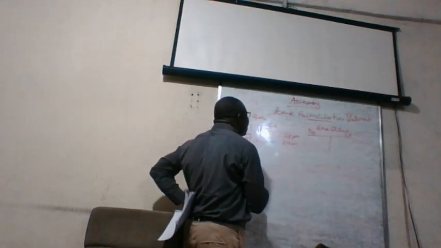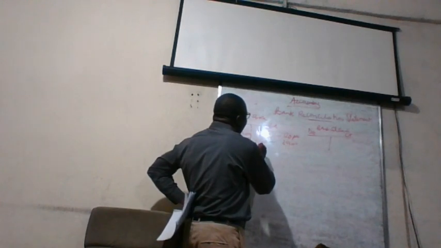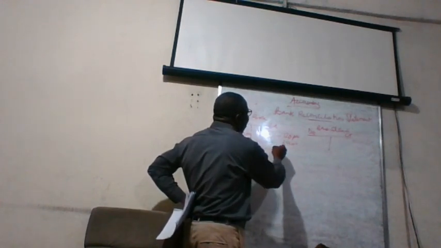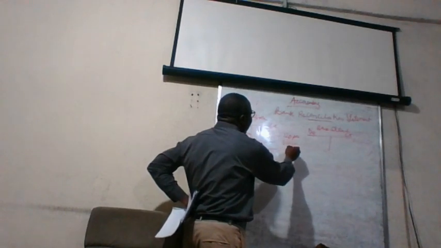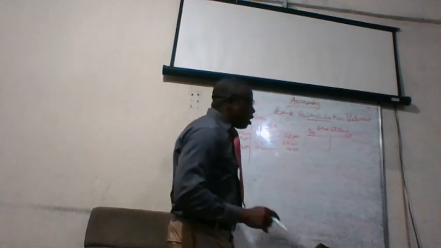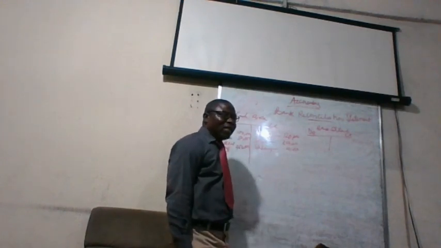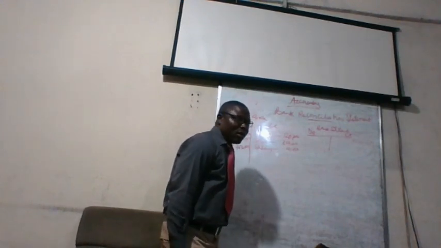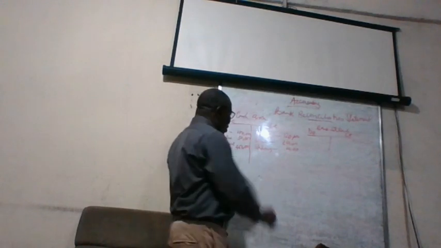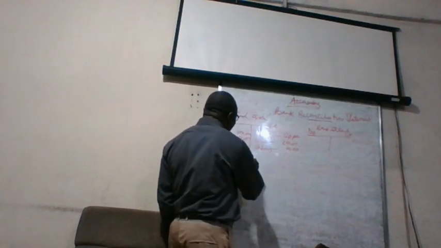Am I right? Then you buy stationery of 10,000 naira. If you look at this side and this side, you know that one side is higher than the other. Is that okay? Beautiful. Let's do it and confirm it.